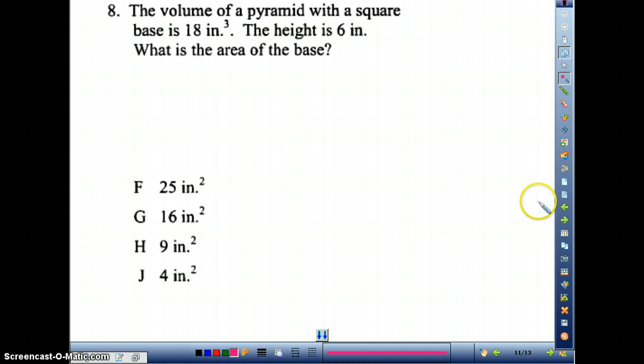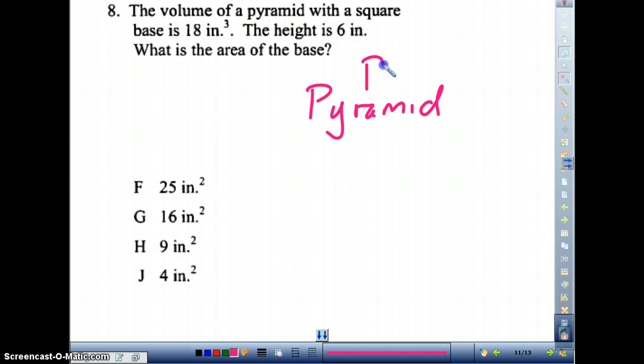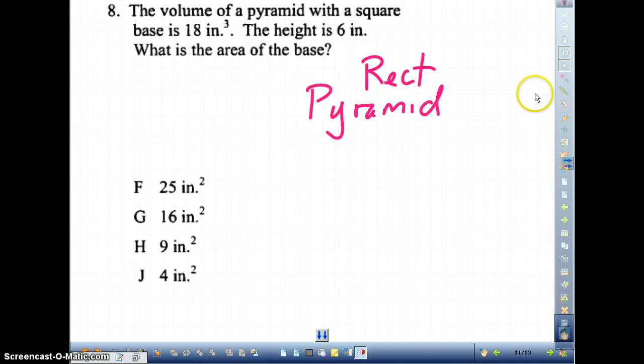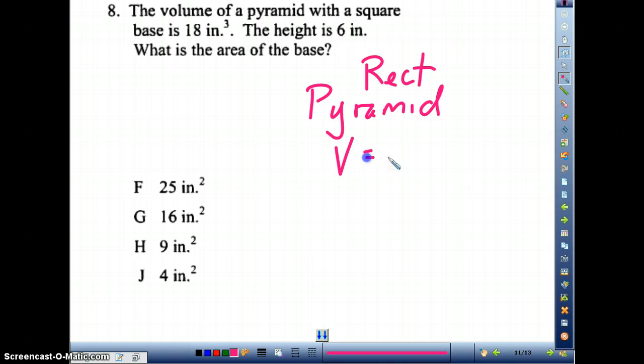Okay, next problem. The volume of a pyramid with a square base is that. The height is that. What's the area of the base? It is a pyramid. It's a rectangular pyramid. Okay, I need a formula. Got your formula for rectangular pyramid? That one right there. Let's plug in what we know.